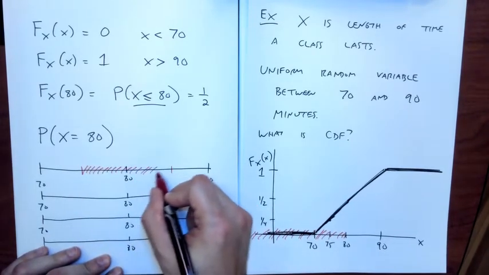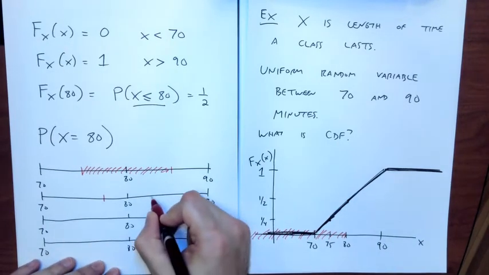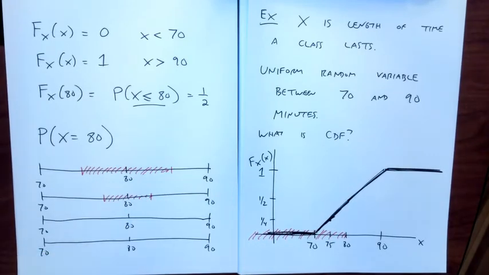If this is a uniform distribution, the probability should be a half. Between 75 and 85, what's the probability that I'm between here and here? Well, that's a smaller number, maybe a quarter.